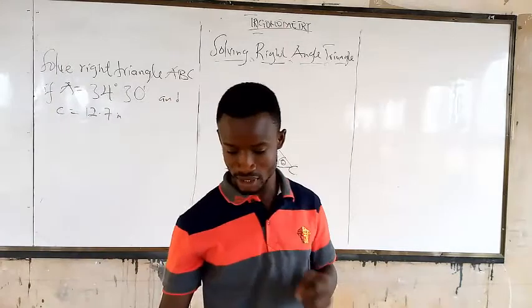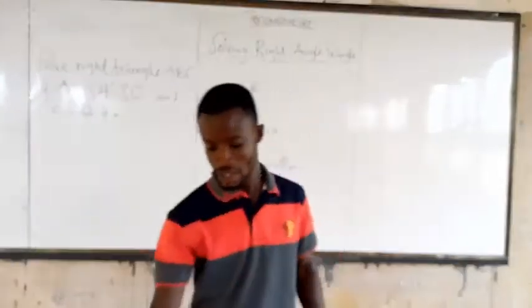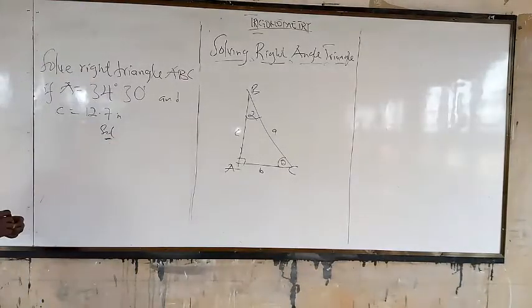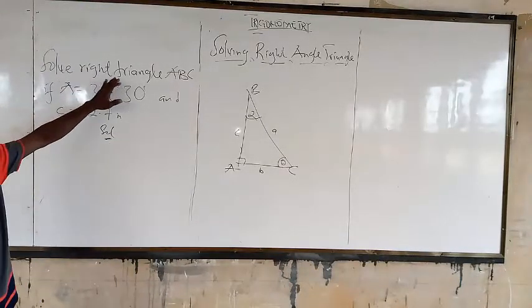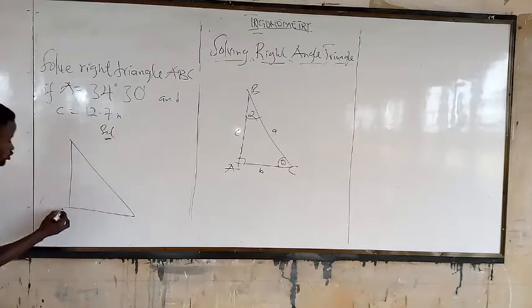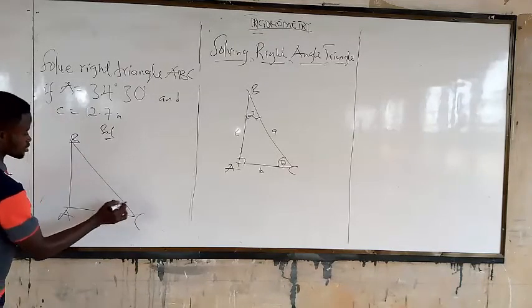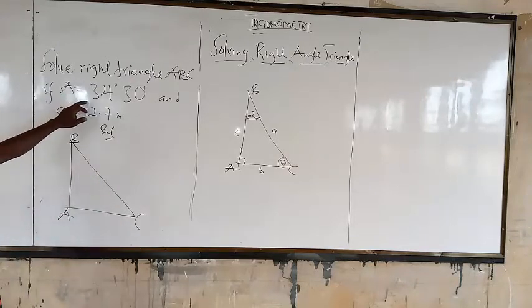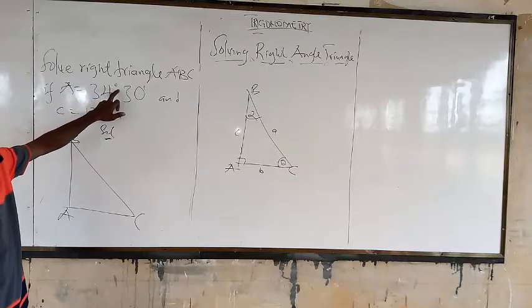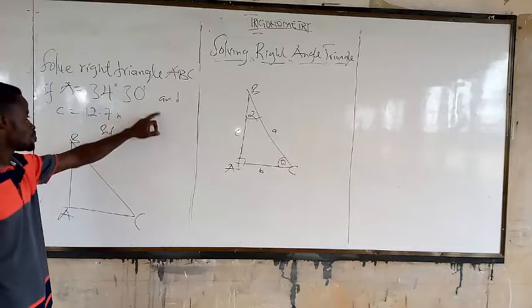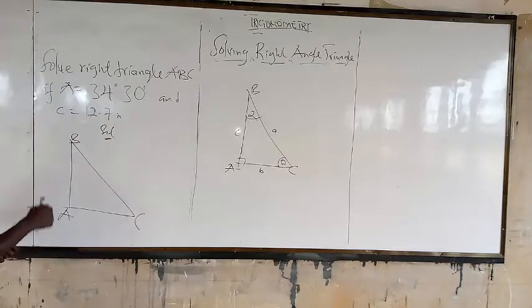Centimeters and all that is a unit. We need to draw a right angle triangle. You can name it anyhow you like, A, B, C. It says that if A is 34 degrees 30 minutes, C is equal to this.